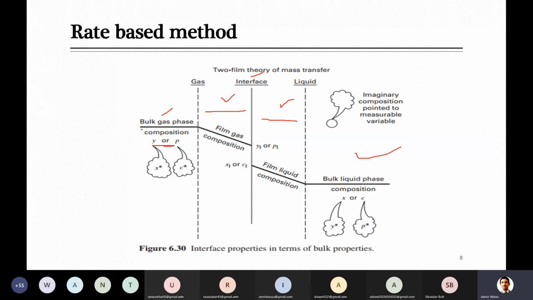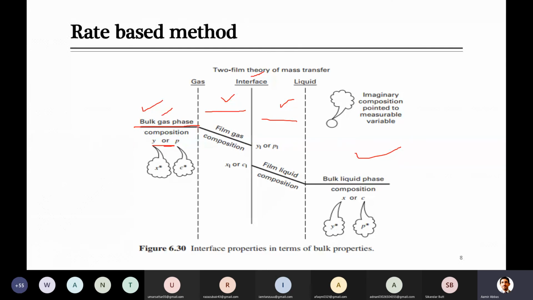Here you can see lines showing the bulk gas composition. Inside the bulk, the composition of any component is constant and does not change much; it remains the same throughout the bulk.